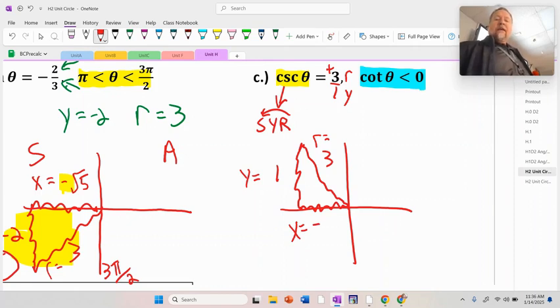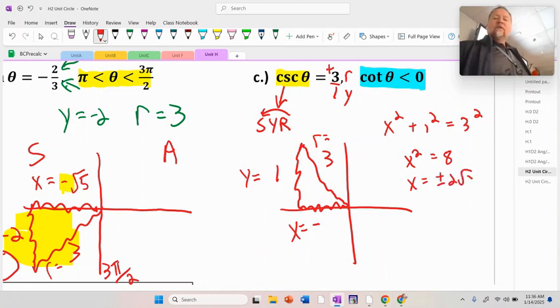All right, fine. It's x squared plus 1 squared equals 3 squared, which is 9. This is x squared equals 8. This is x equals root 8. What is root 8? 2 root 2. So I'll put this here. And it is plus minus when you square root, but it's the minus because I went left.